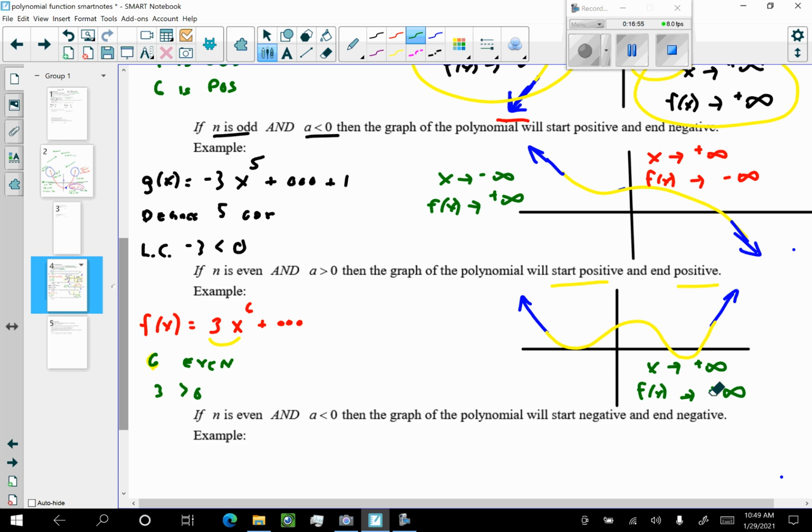The direction that x is going, the direction that the outputs, the f of x's, are going. And what can I say over here? Left-hand end behavior: as x goes to negative infinity, x goes this direction. People get confused. That means as x goes to negative infinity, the function values are going to positive infinity. That's what it means to start positive and end positive.